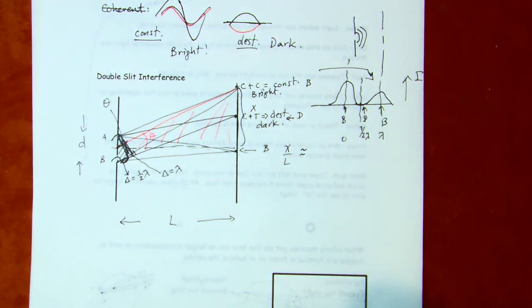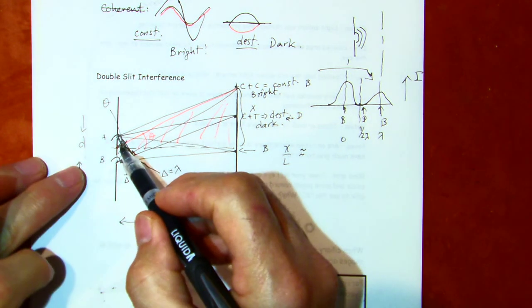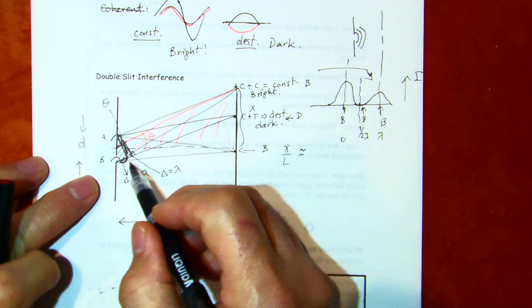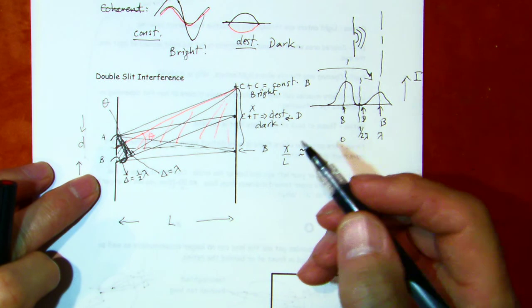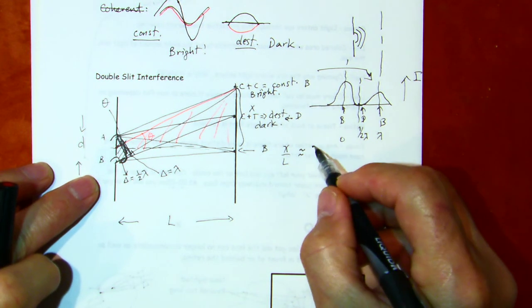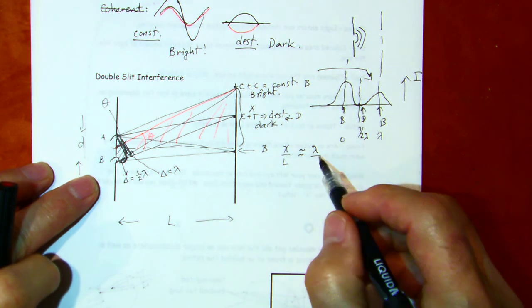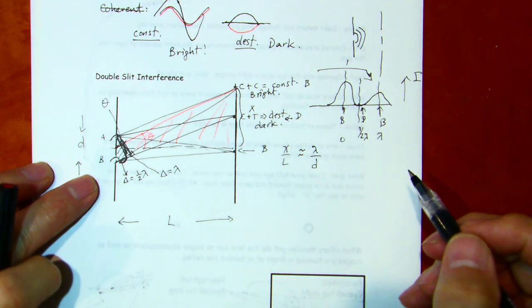This guy up here, sine theta, is going to be our path difference, let's just call it lambda for now if we're talking one path difference, over d.